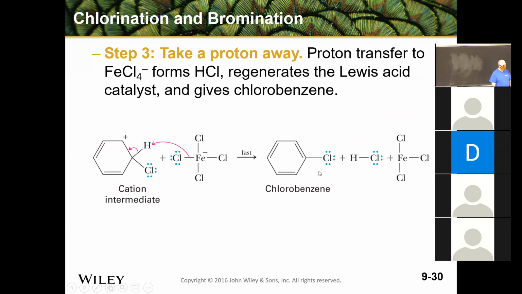We get chlorobenzene, we get HCl gas as a byproduct, and since FeCl3 is a catalyst, we get it back. By definition, a catalyst is unchanged. We could do exactly the same thing with bromine and iron(III) bromide. It's the exact same mechanism.